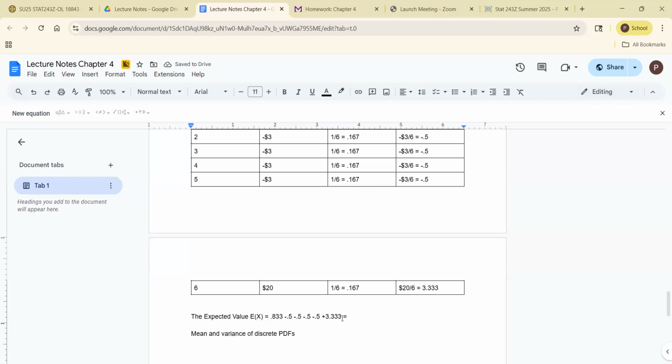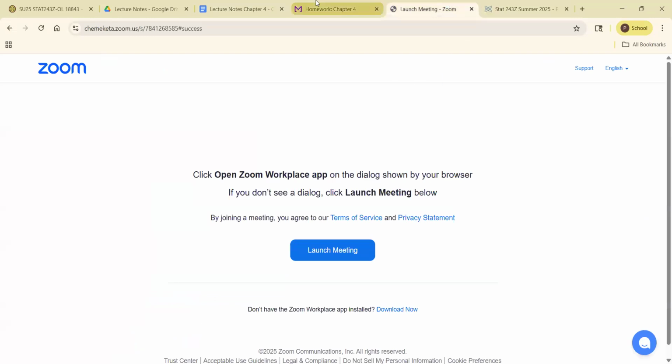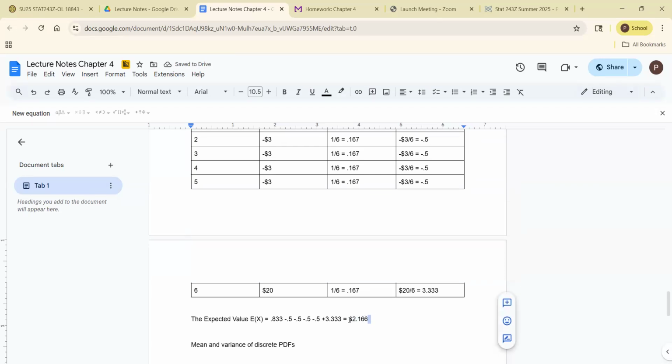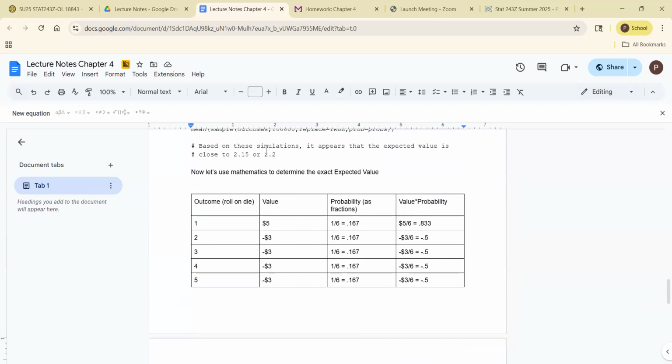Drop it over into R. And we get 2.166, in dollar amount. All right. Well, notice that 2.166, the mathematical expected value, is very close to our estimate of the expected value based on simulations.